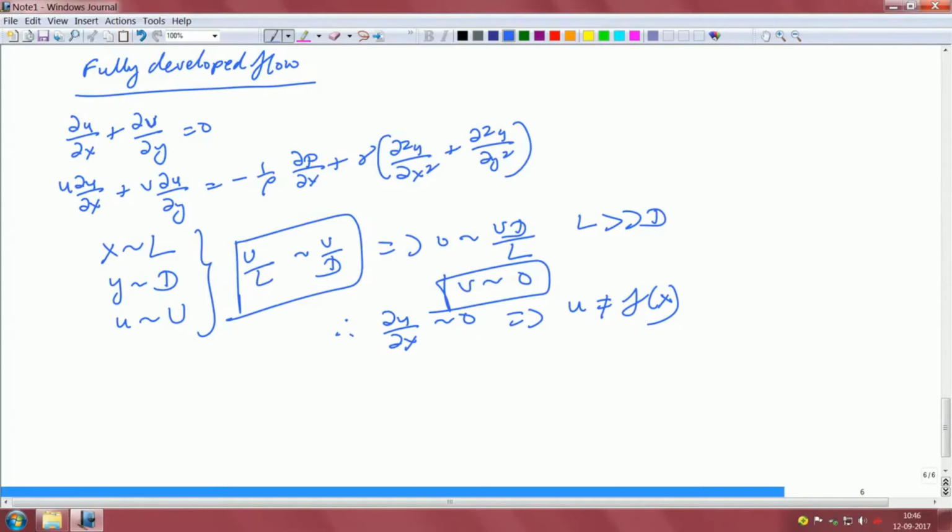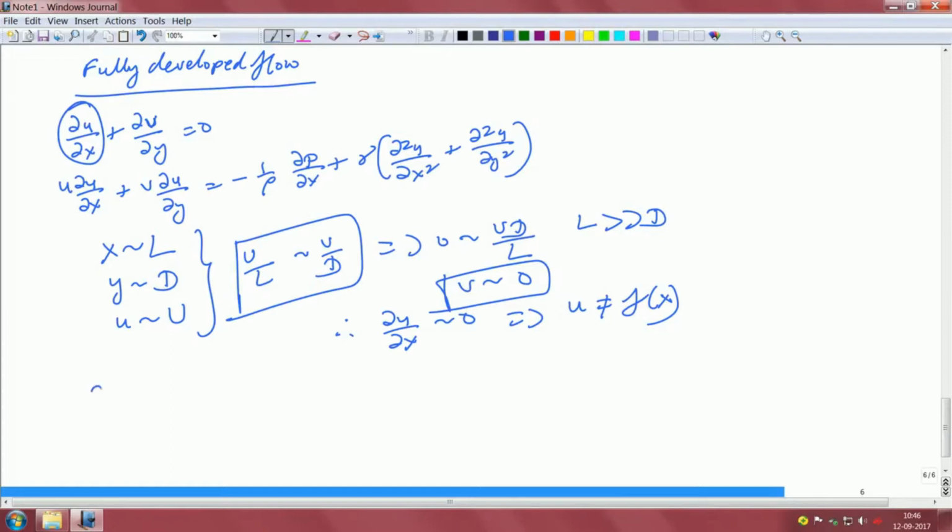As a result, the moment v becomes equal to 0, then by mandate du by dx also has to be equal to 0. So, that would mean that u is not a function of x anymore. Okay. It can be a function of y, it can be a function of any other things, right, but it cannot be a function of x at this particular point, right.